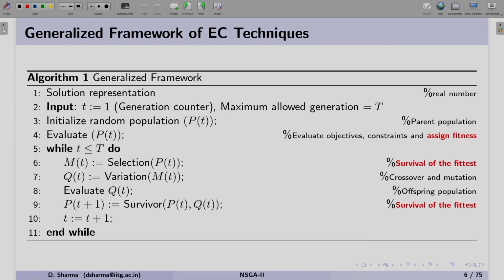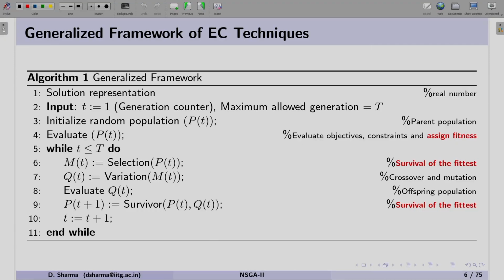So, with this introduction, we have till now been going from one algorithm to another using a generalized framework. If we look into the same framework, we can see what are the places we can change, so the same framework can be used for multi-objective optimization.